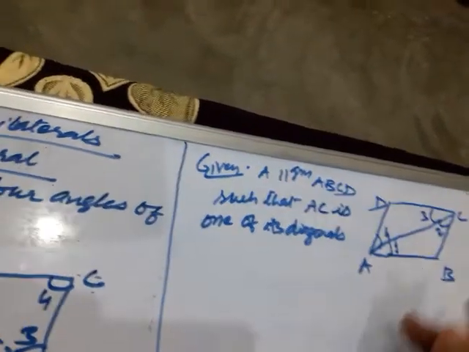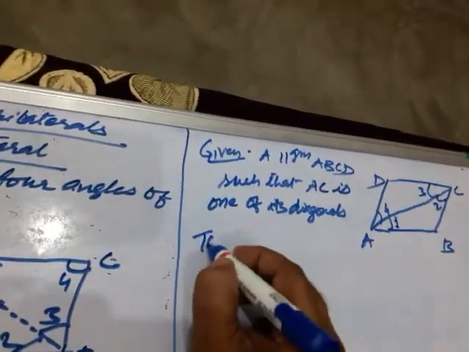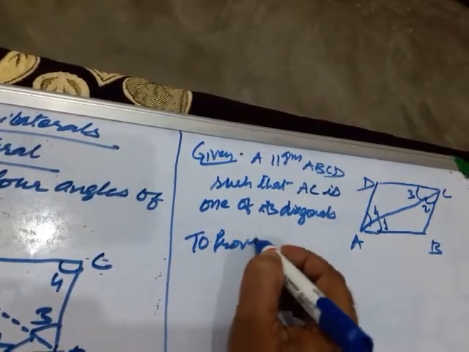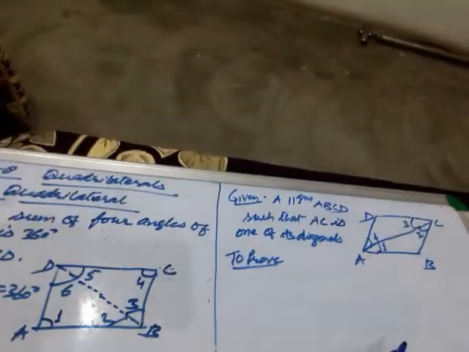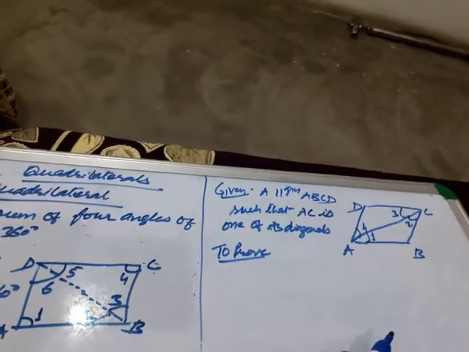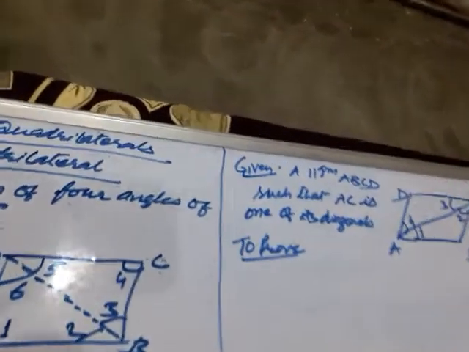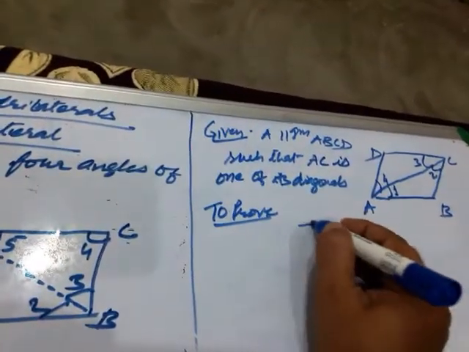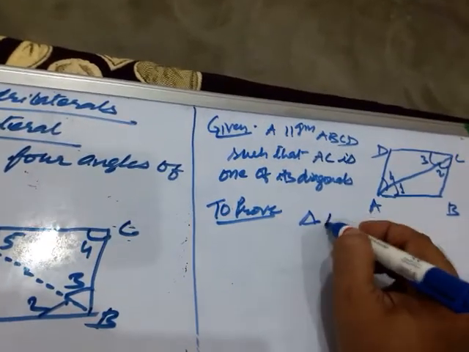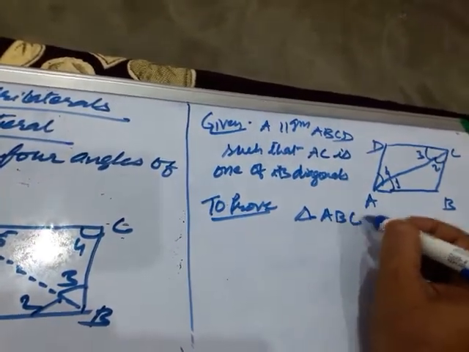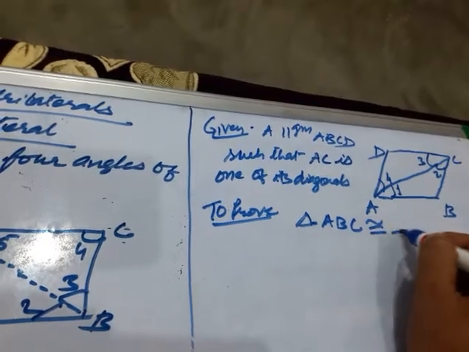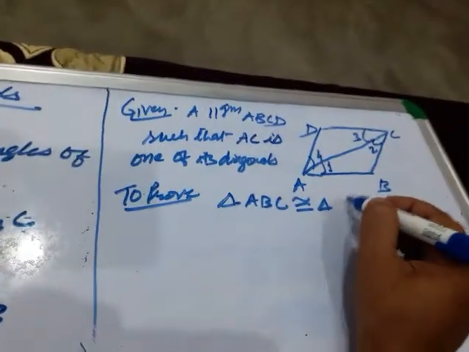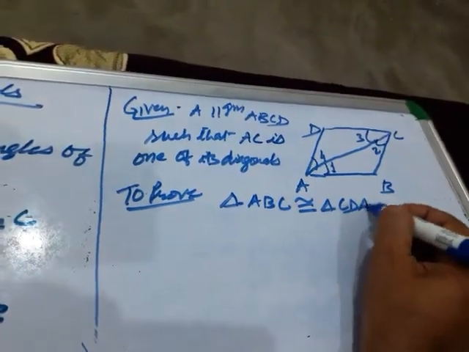Okay, children, now what we have to prove? We have to prove that the diagonal of a parallelogram divides it into two congruent triangles, that is triangle ABC is congruent to triangle CDA.